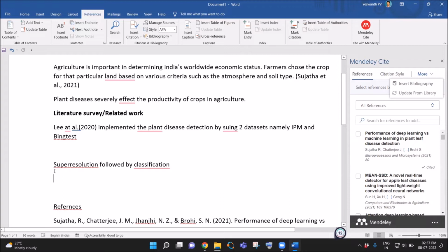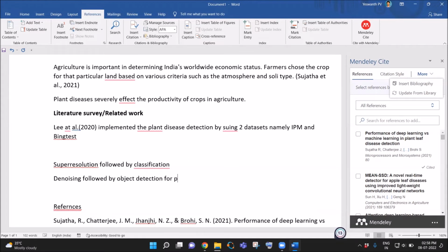And similarly, now we are doing different kinds of works in that. Example, denoising followed by super resolution, or denoising followed by object detection for plant leaf disease detection.